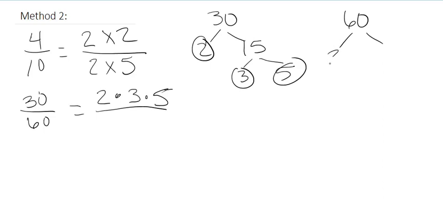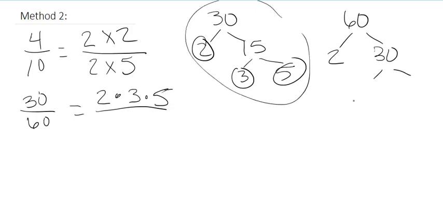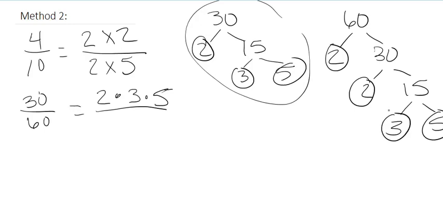Because 2 times 30 is equal to 60, which we've already done the 30 here. So we can just kind of copy. So 2, now 15, 3, and 5. So 60 now becomes 2 times 2 times 3 times 5.